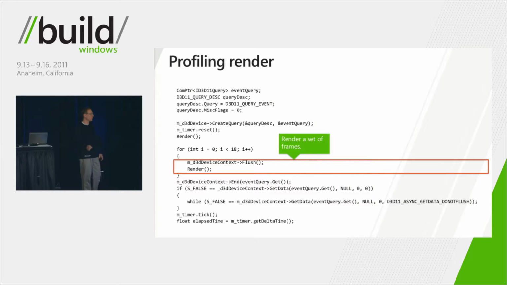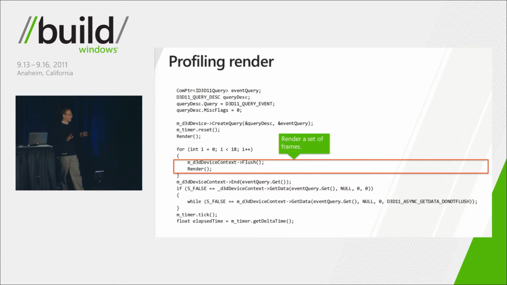The reason is that otherwise, it could be that all your commands get buffered up into one big buffer, and then at the very end get sent to the GPU, and that's not going to be representative of the way your application is actually going to be running when it's deployed. So be careful of those kinds of things. Make sure that you're characterizing the performance of your application as it will actually be running rather than arbitrarily.